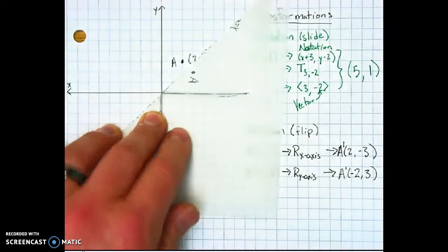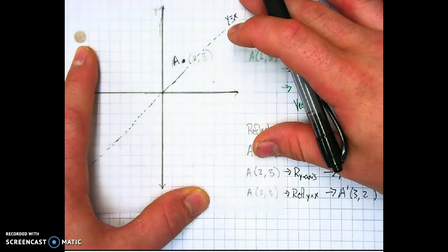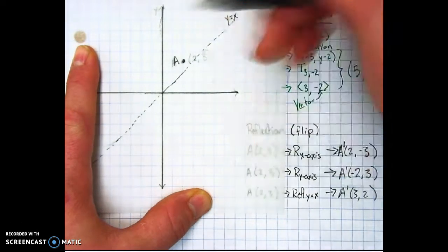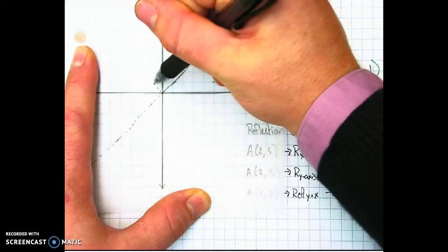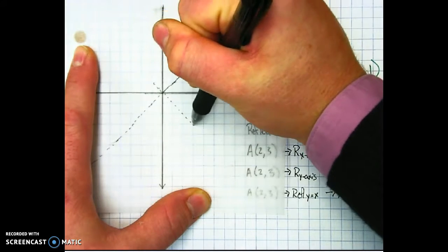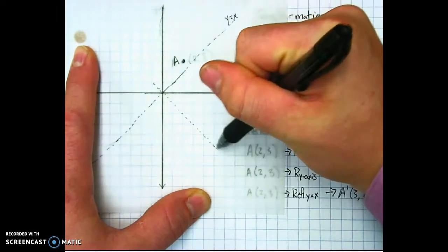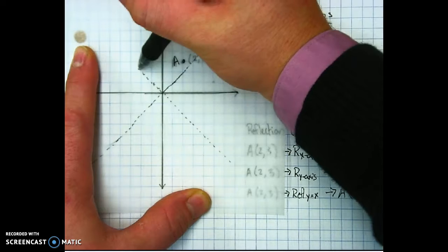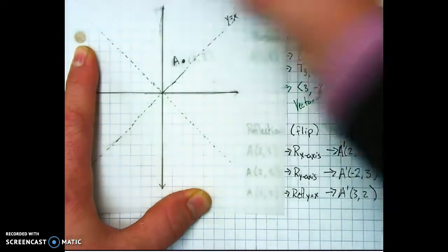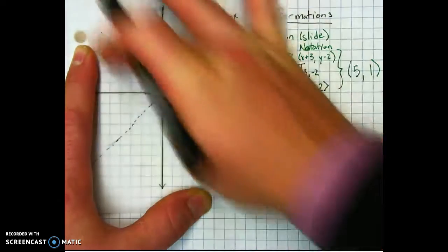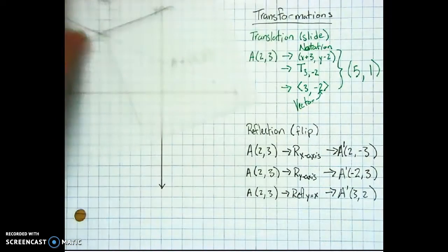And finally, the line y equals negative x is another line that goes through the origin, but this time with a slope of negative 1, thus negative 1x. So one last time we're going to do a reflection, and this will be over the line y equals negative x.